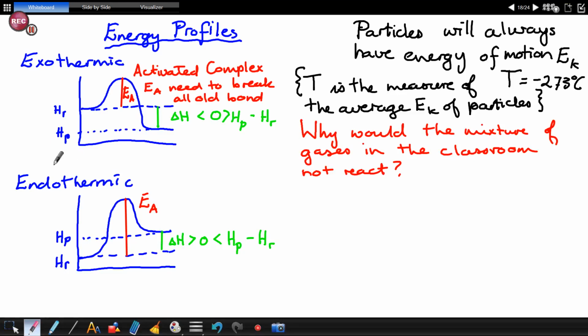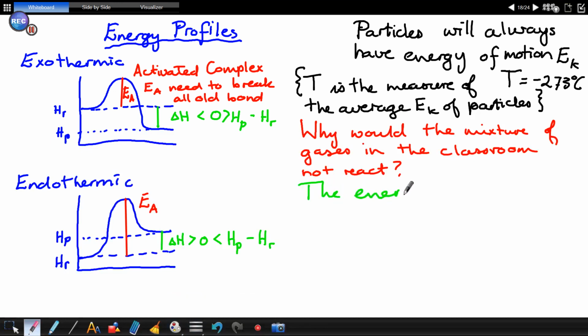Okay, so if we look at this energy profile, what is needed for the reaction to start happening? Activation energy. So the energy of the particles in this classroom is less than the activation energy required to start the reaction.